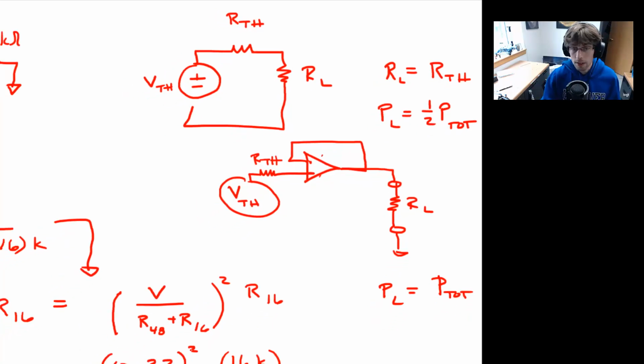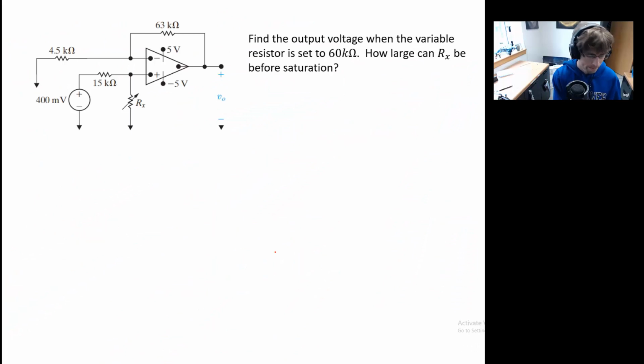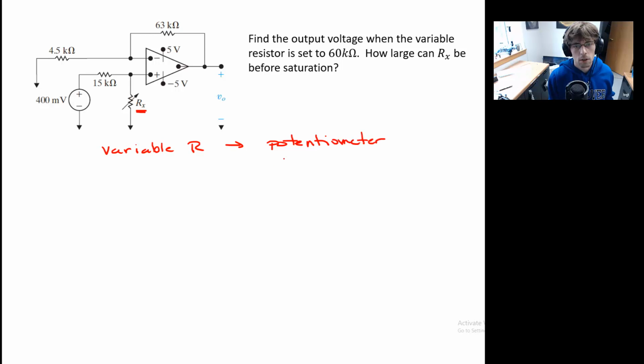Let's go ahead and do another problem. I'll let you ponder this circuit for a second. Find the output voltage when the variable resistor, represented by Rx here. If you don't like variable resistor, you can substitute in the word potentiometer, or I think people sometimes just refer to it as a pot.